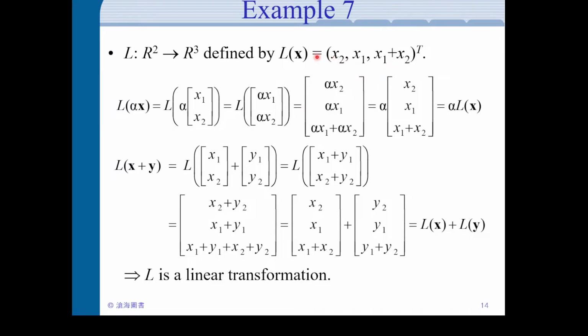Basically, you see that every coordinate is a linear combination of the input of L. Once again, you can check these two things, or you can check them together. Because everything is a linear combination of the input, this works well with scalar multiplication and addition.